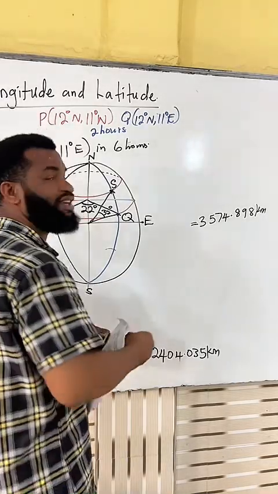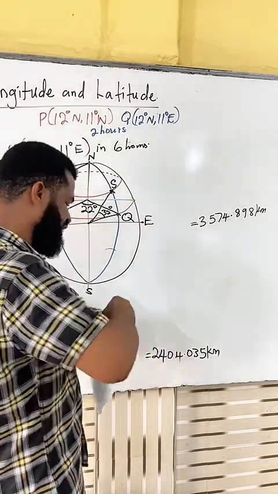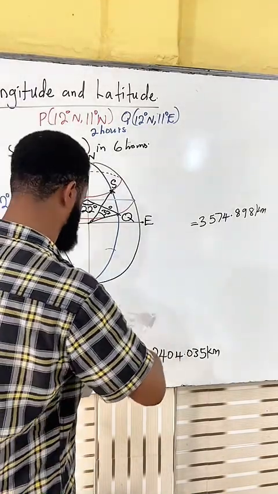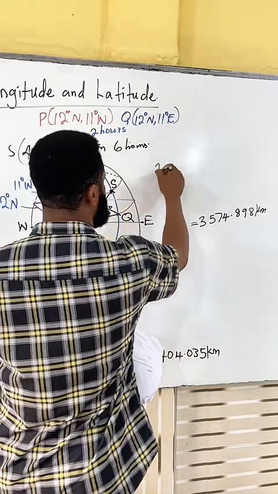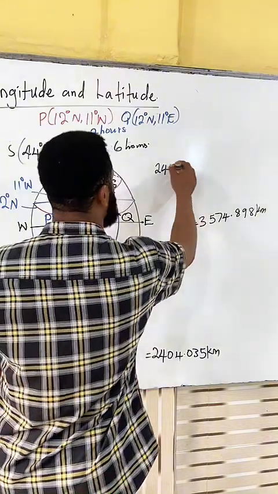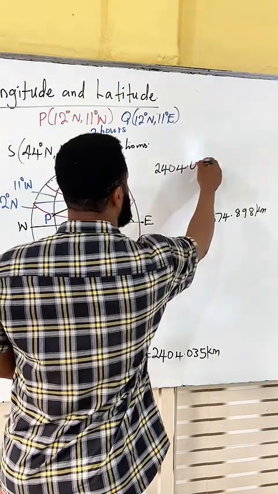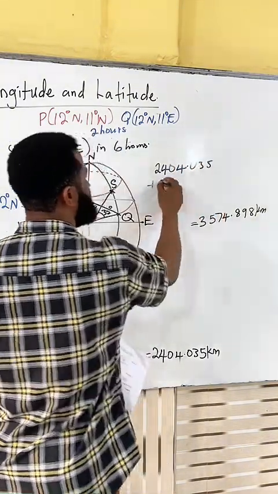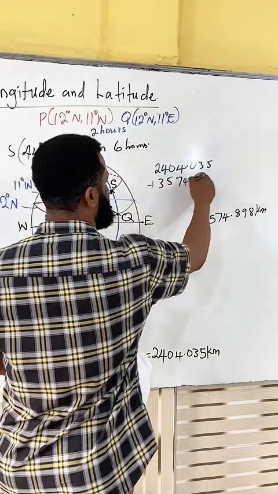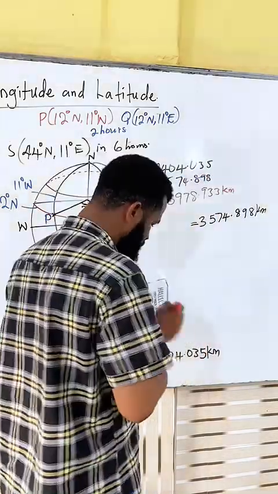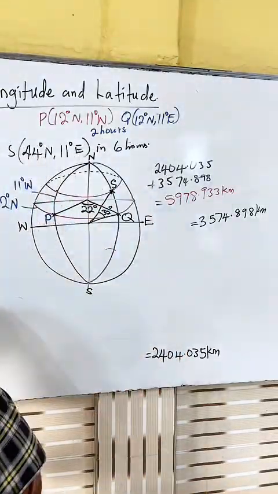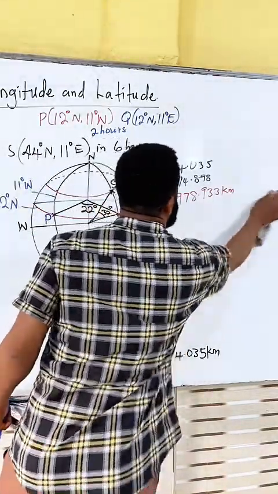So the total distance is given as 2404.035 plus 3574.898. So that is the total distance.